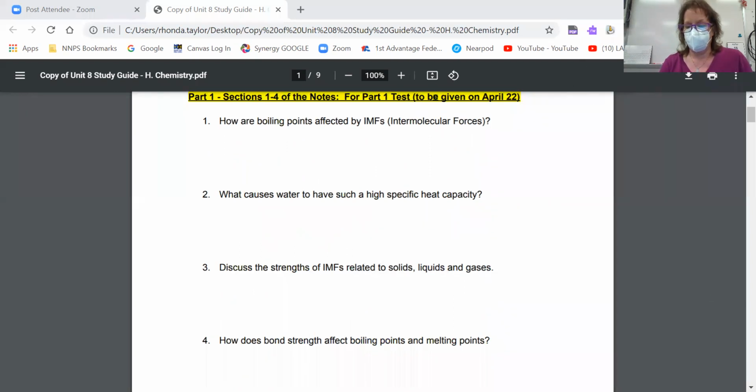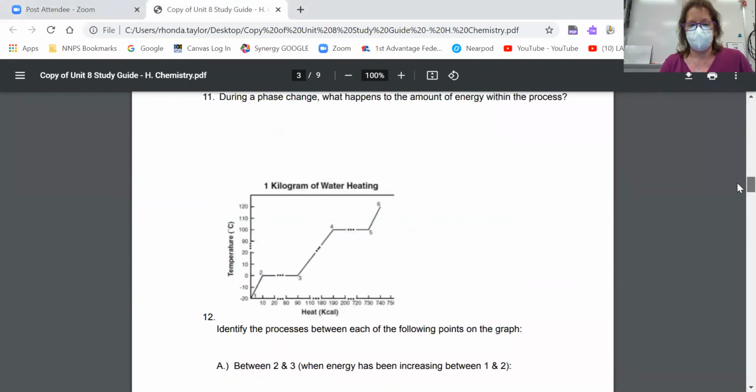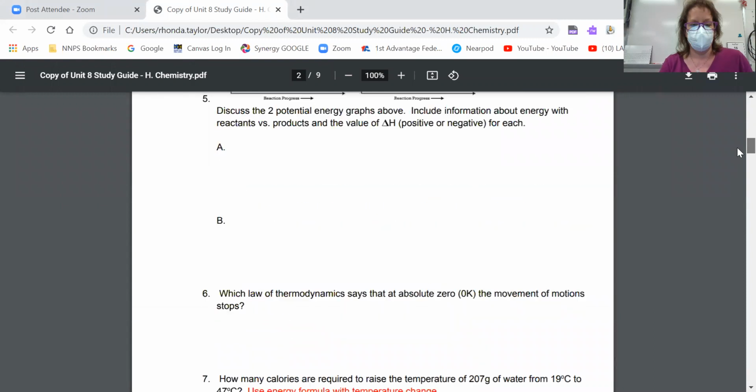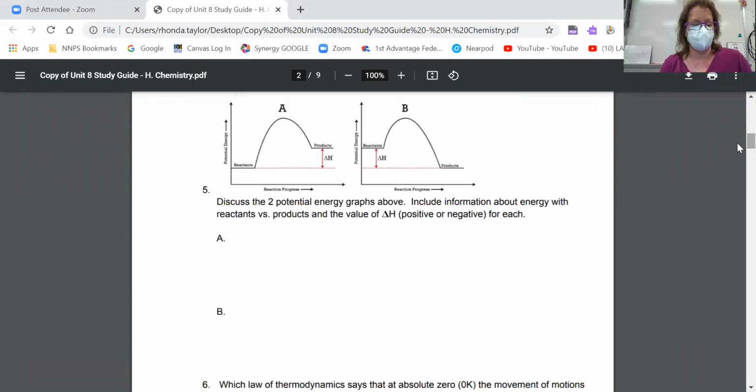I'll move this up. Oops, not that far. That really skipped. Okay, so here, number 5, we're looking at these potential energy diagrams. And in the notes, you'll see pictures where I have labeled these for you. Okay, so let's take a look at letter A here, or A graph.